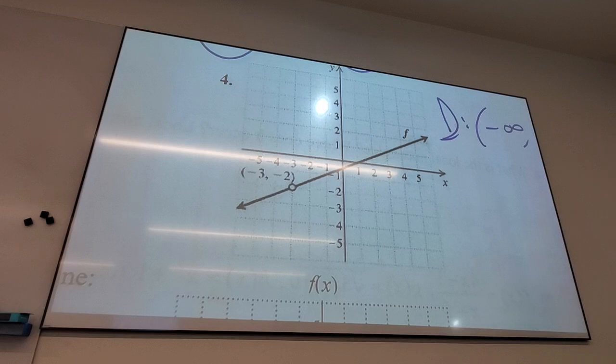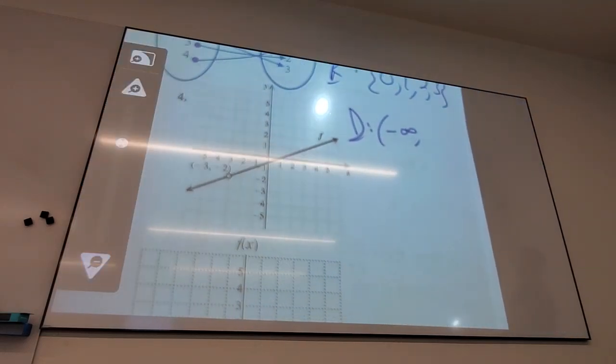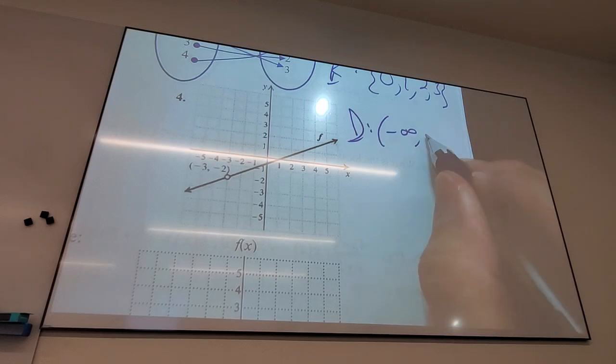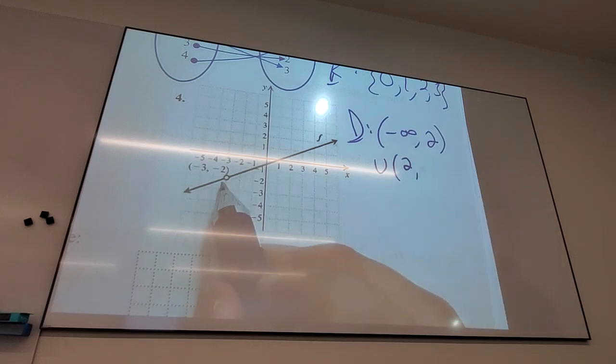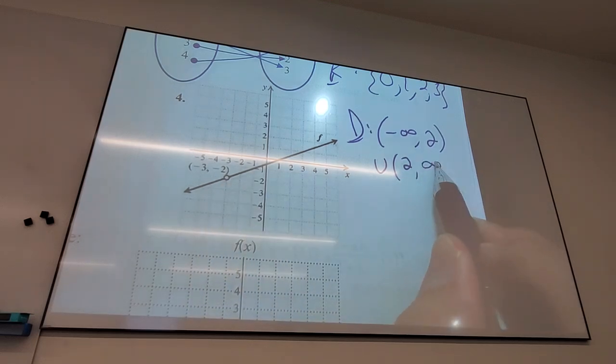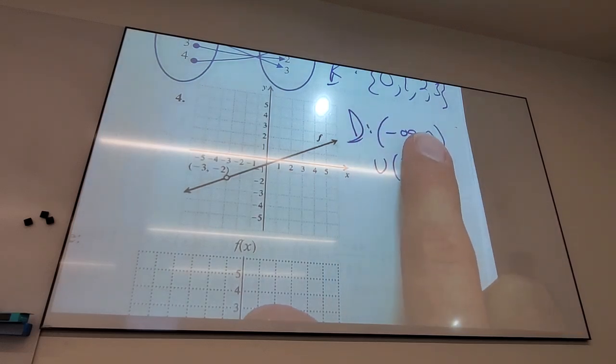Do I go all the way up to infinity? No, because where do I have to stop? At the open circle. I have to stop at 2, then pick back up at 2 and go to infinity. I always think about this piece here as saying skip. So it's -infinity to infinity, skip 2.